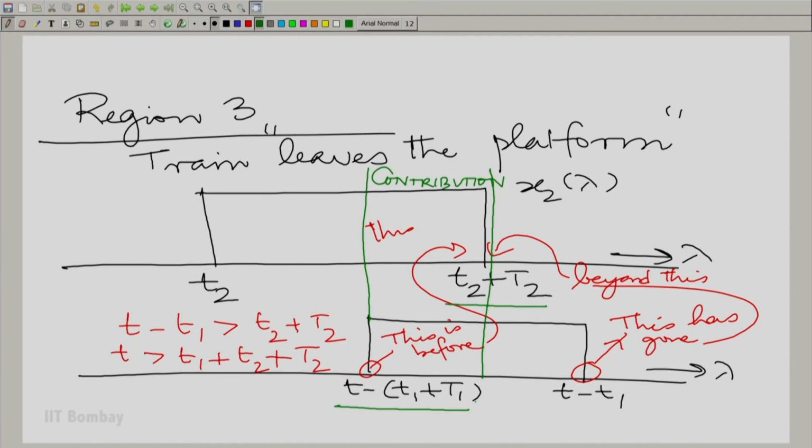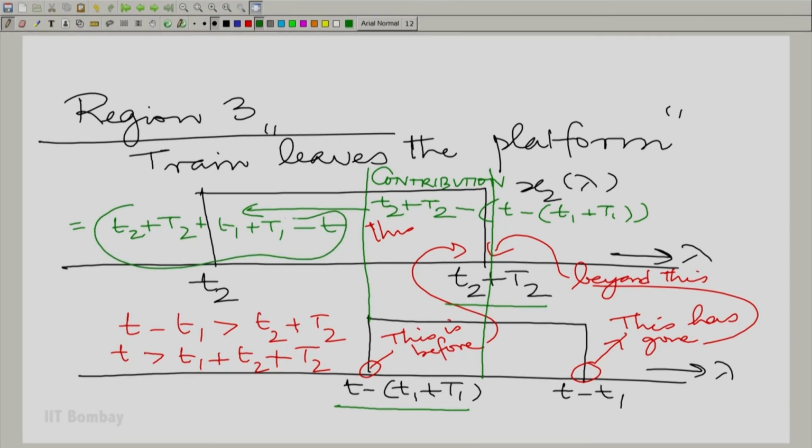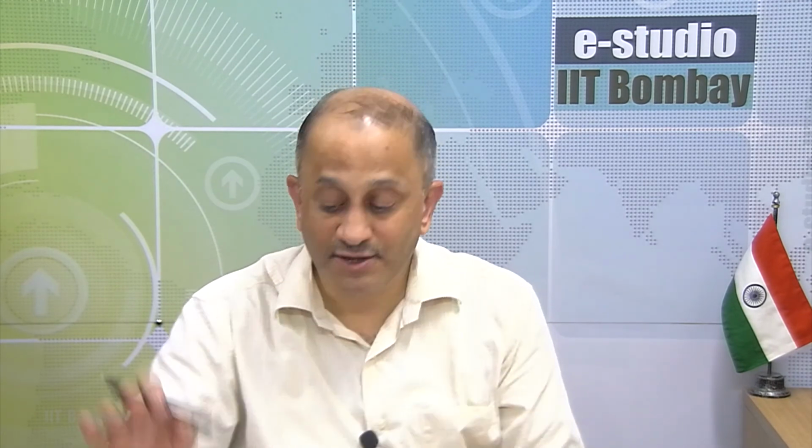So, it is essentially 1 into 1 integrated over that length. So, T2 plus capital T2 minus T minus T1 plus capital T1, which is of course equal to T2 plus capital T2 plus T1 plus capital T1 minus T.